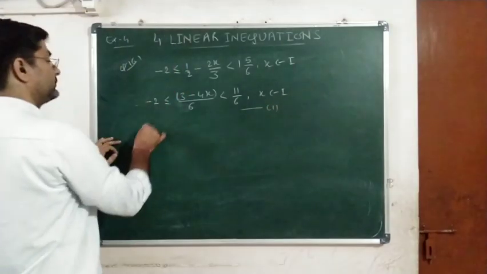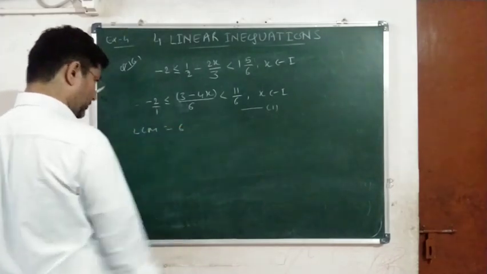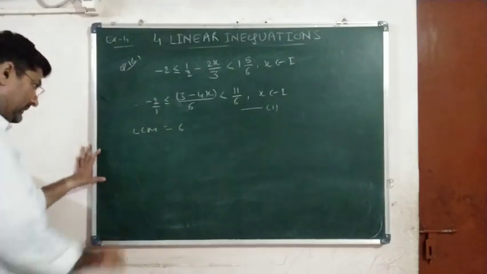Okay, now obviously the LCM is 6, so we will multiply in equation 1 by 6.